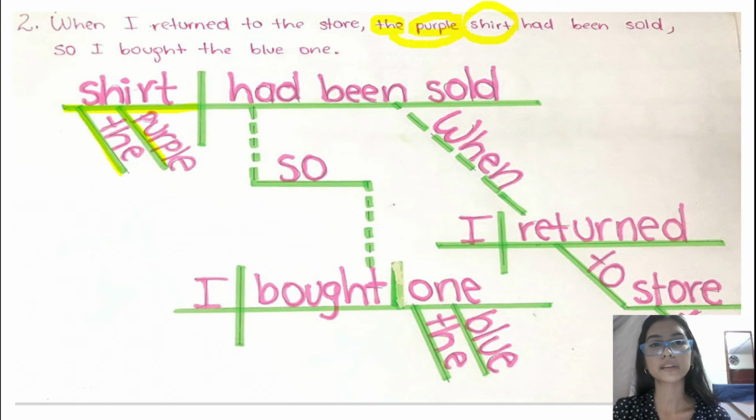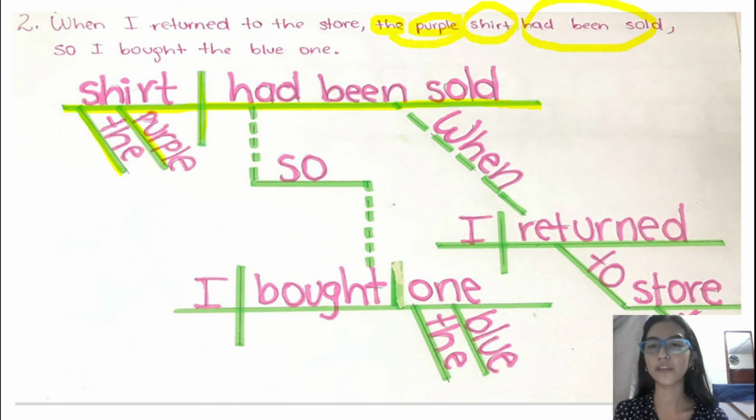To separate the subject from the predicate, we are going to write a straight line. And then we continue writing the horizontal line to write the predicate. Here the simple predicate is had been sold. So this is going to be written here next to the simple subject.